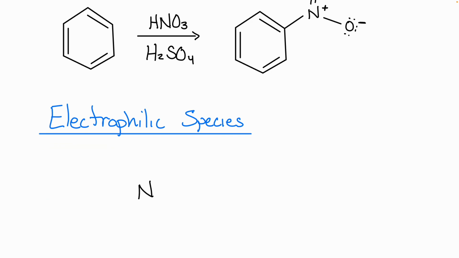Nitrogen dioxide. Nitrogen dioxide has this positive formal charge on that central nitrogen, making it a much better electrophile than nitric acid by itself.